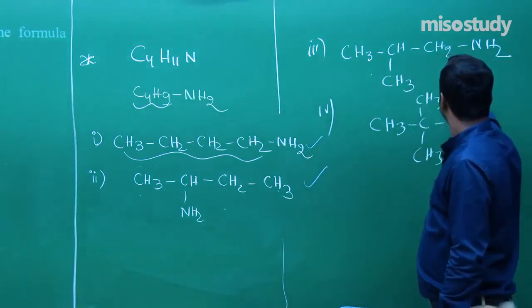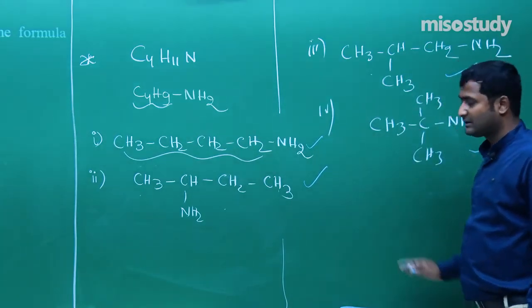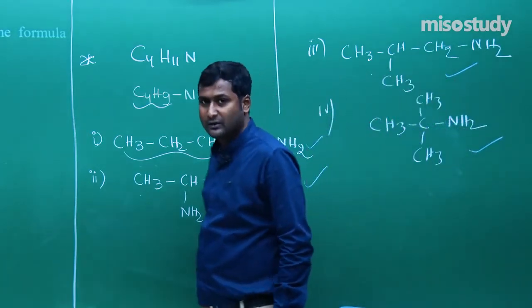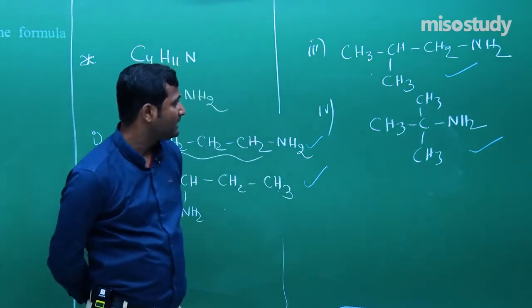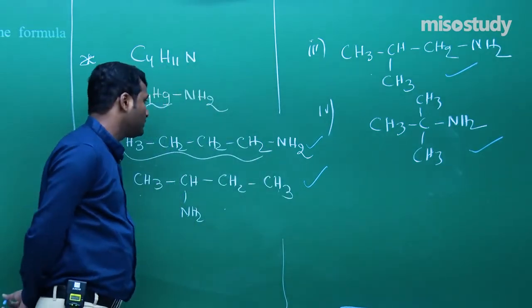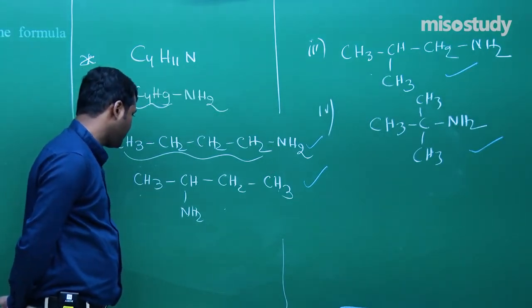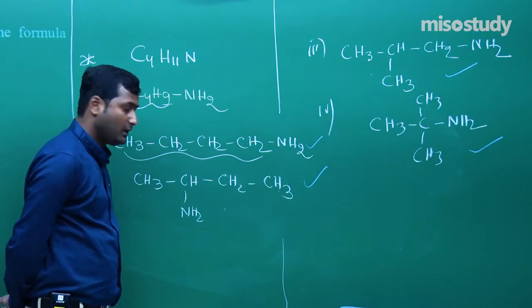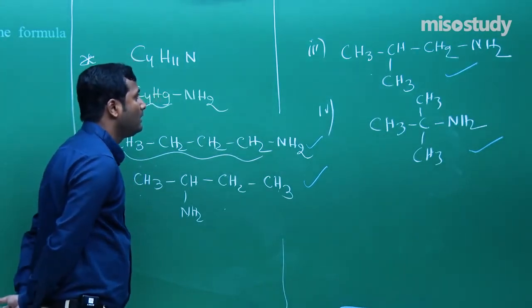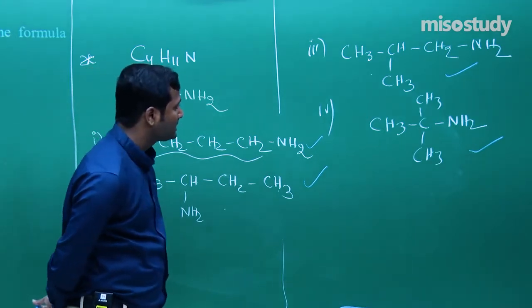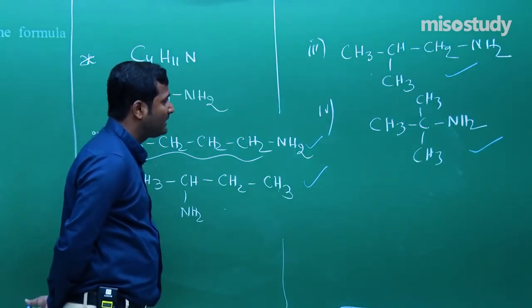1, 2, 3 and 4 more possibilities are there. No, we have completed the thing. Check it out, friend. Is there any more possibility? CH3CH2CH2NH2, CH3CH(CH3)NH2... that is 3 carbon, 1 nitrogen, 11 hydrogen.